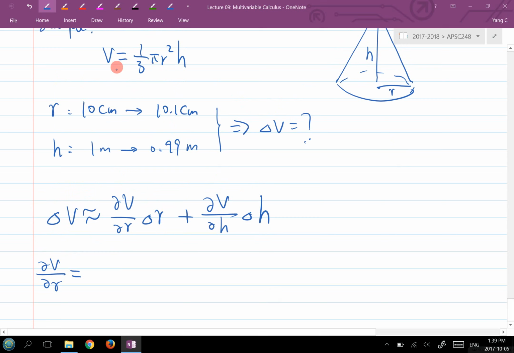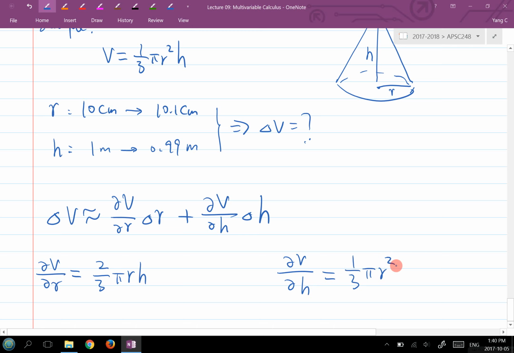So your v is a function of r and h. You keep the h as a constant. So it's 2/3 pi times r times h. And what is partial v over partial h? That's 1/3 pi r squared. Good?